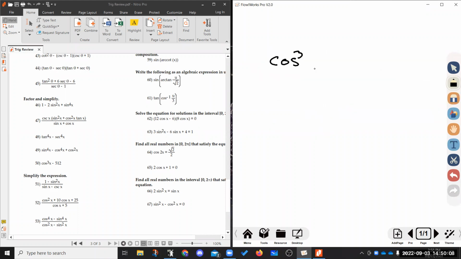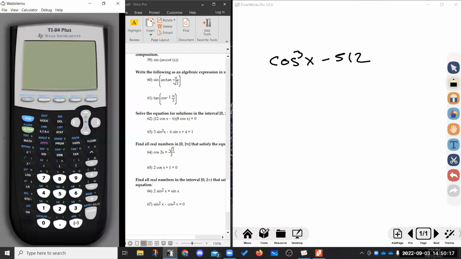Cosine to the 3rd x minus 512. That looks like it might be a difference of cubes formula that they want us to use. Let's go ahead and just make sure. The cube root of 512 is going to be 8.